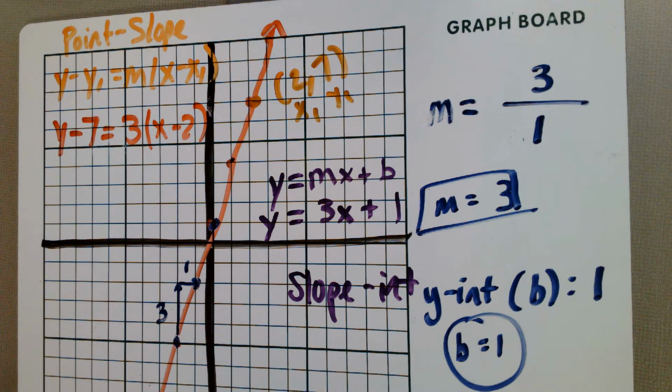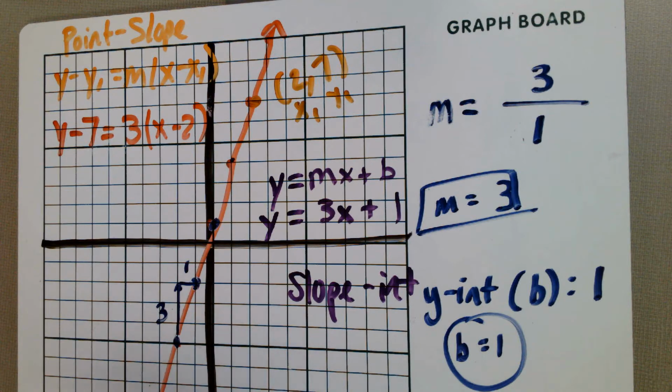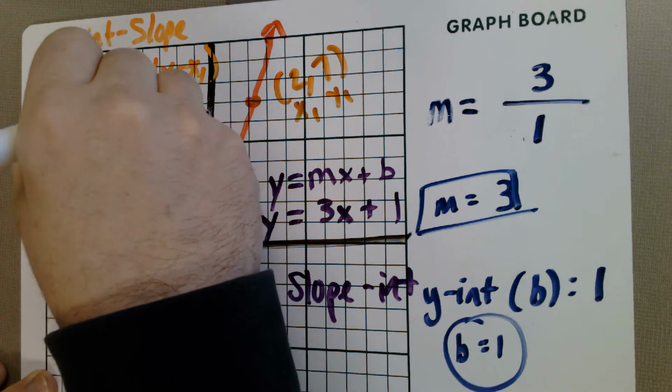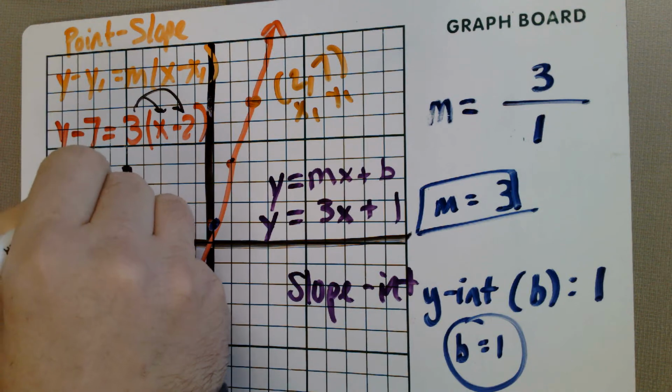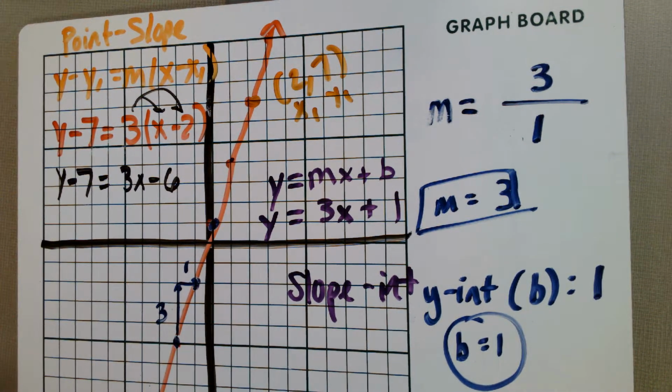But what if they asked us to write this in slope-intercept form and we didn't see the graph, and we just had a point and a slope? Well, I'll show you. We can manipulate this by first distributing the 3, and I get y minus 7 is equal to 3x minus 6. Now it looks pretty close to slope-intercept form, but I still have that minus 7 on it.